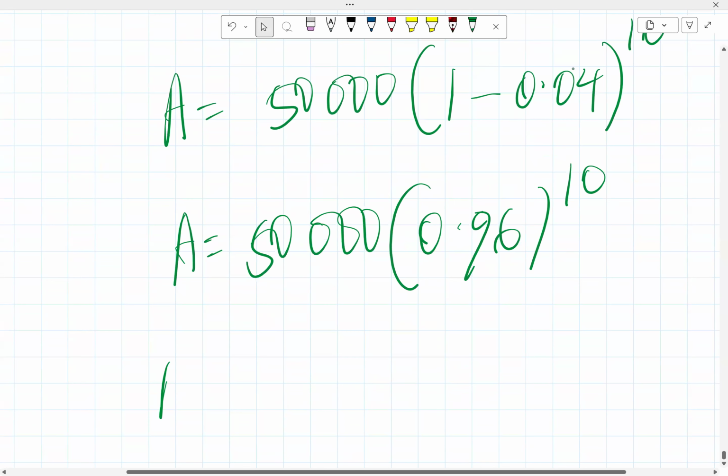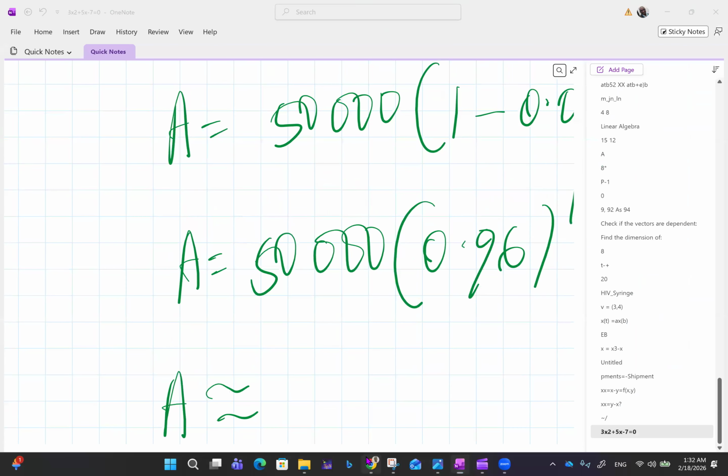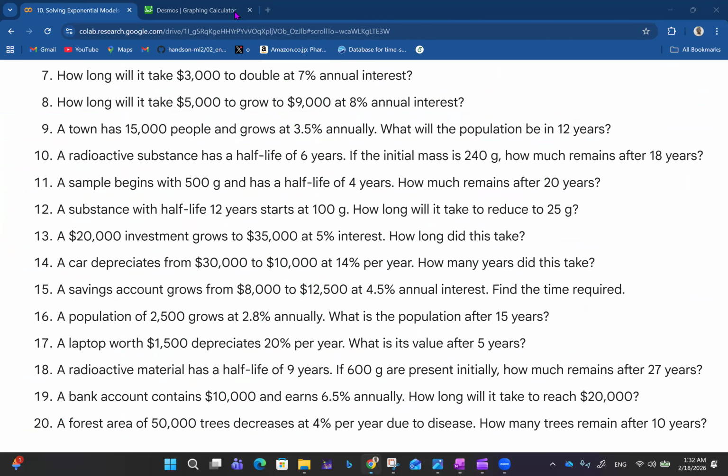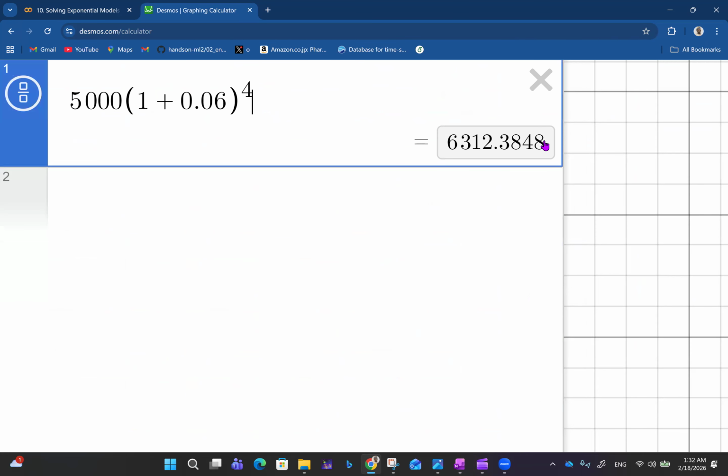So the number of trees after 10 years will be 50,000 into 0.96 raised to power 10. So Desmos to the rescue. Here I have 50,000 into 1 minus 0.04 raised to power 10.